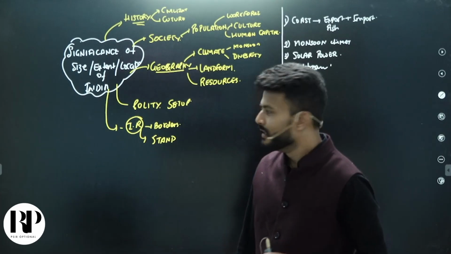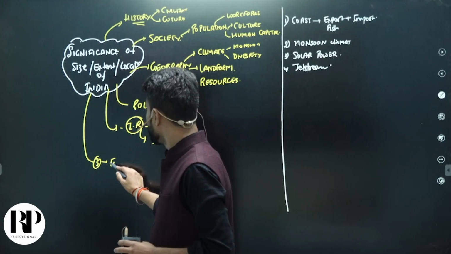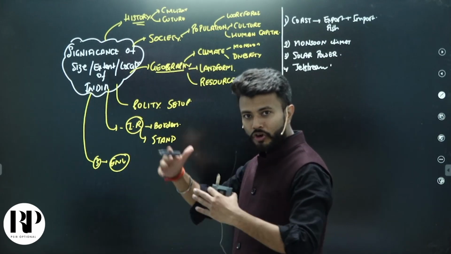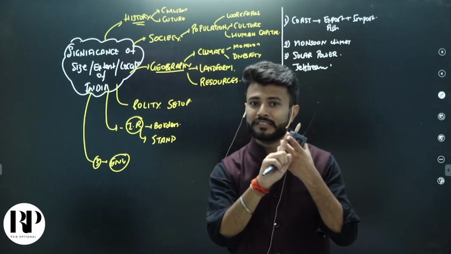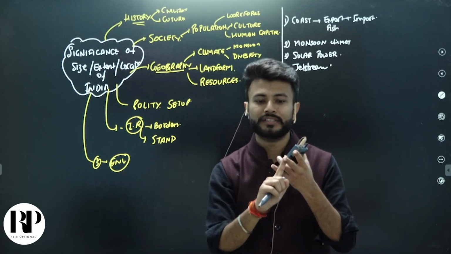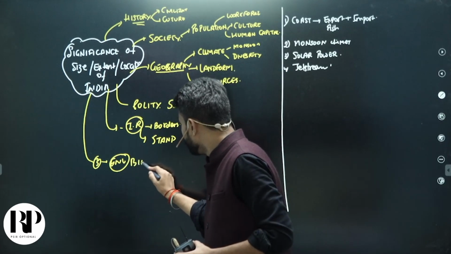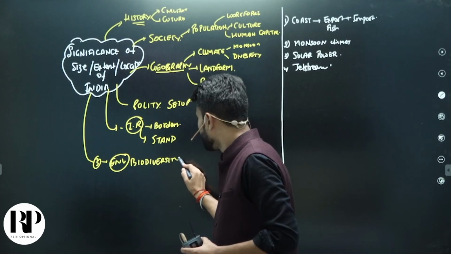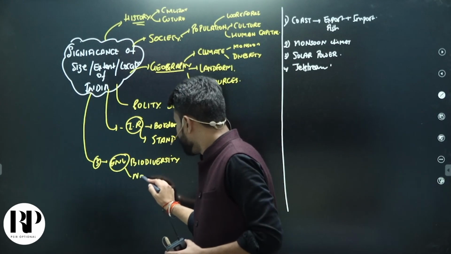Getting it? When you move towards General Studies Mains paper 3, here you have the section of environment. Someone wrote a very good point that because India has such a huge extent, climatic diversity is there, physiographic diversity is there, cultural diversity is there. So biological diversity is also there, no? So biodiversity, natural vegetation.